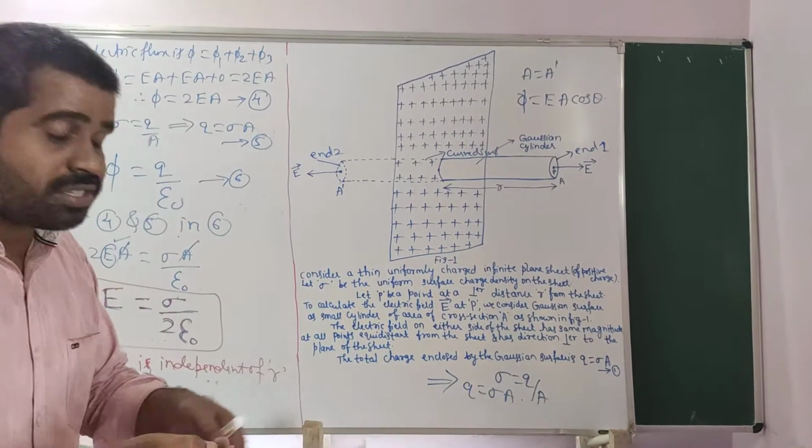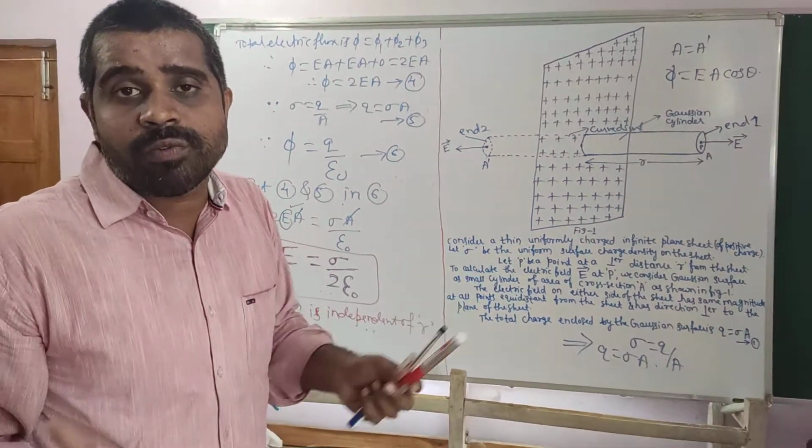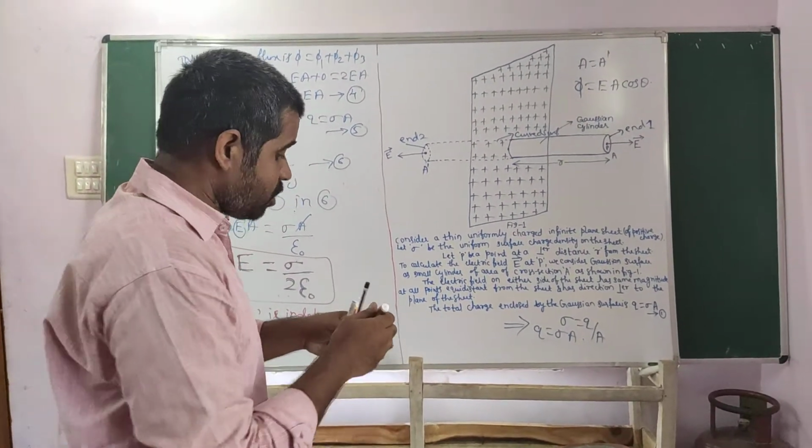When we said electric field is scalar or vector, it is vector quantity, and hence what will be the direction of electric field?